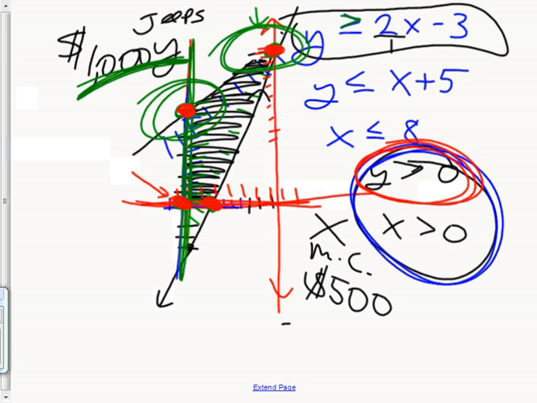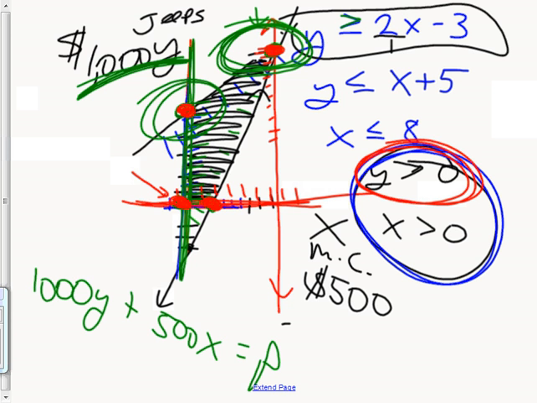It's very high on the y-axis. It's the highest Y we have, so it's probably going to make us the most money. But we would take this point, like 6, 8, or whatever that spot is, and stick it into our little profit equation, which would go like this: 1,000 for every Y plus 500 for every X gives us our profit. You'd stick in the X's and Y's and figure out that this spot would give me this much profit, and that spot would give me that much profit.